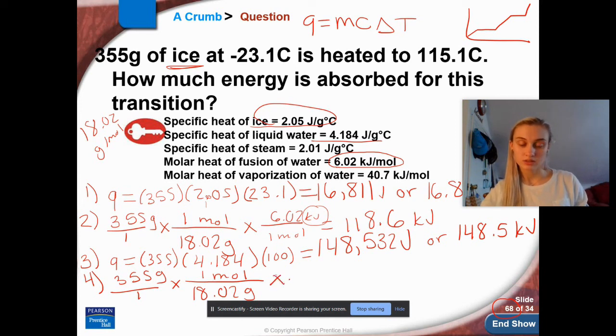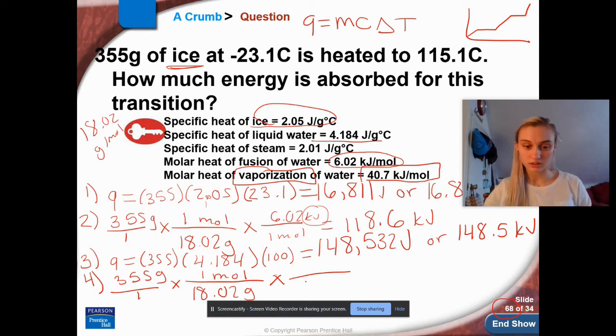times a fraction line, and we have our molar heat of vaporization because right now we're going from a liquid to a gaseous state. So we're going to use our molar heat of vaporization here, and that is 40.7 kilojoules per mole. So for every 1 mole to go from liquid to gas, it takes 40.7 kilojoules.